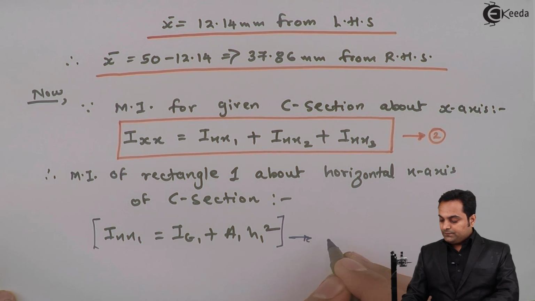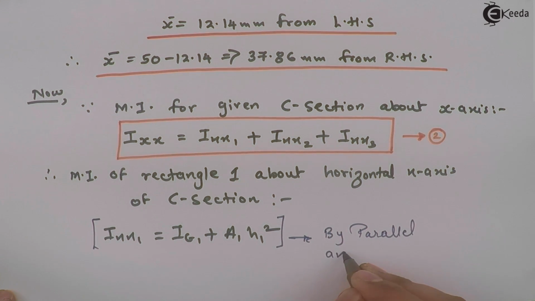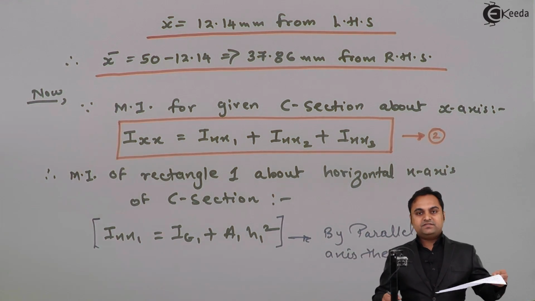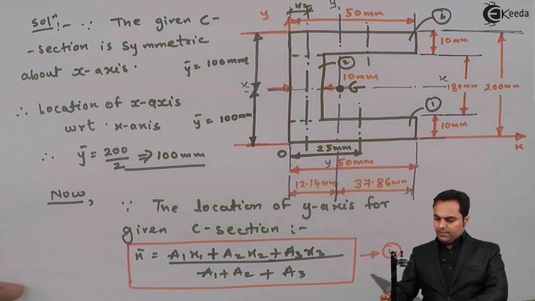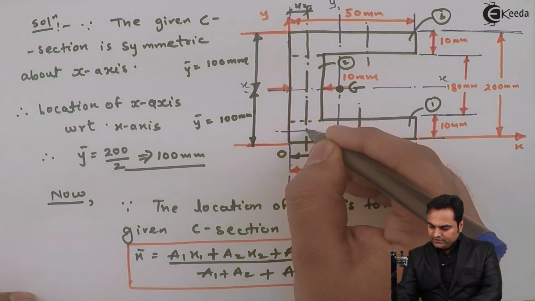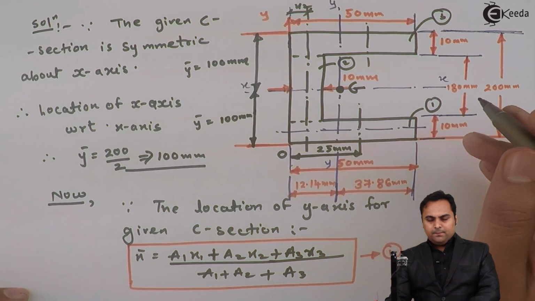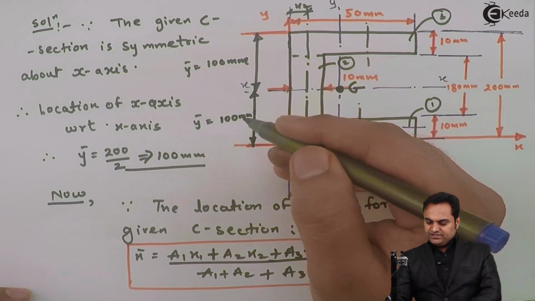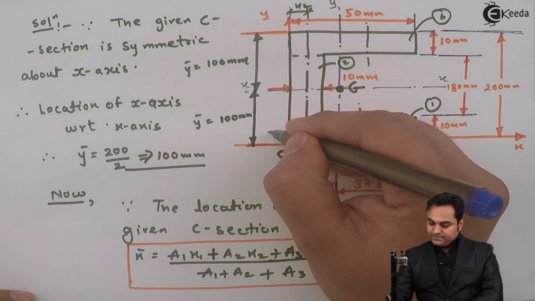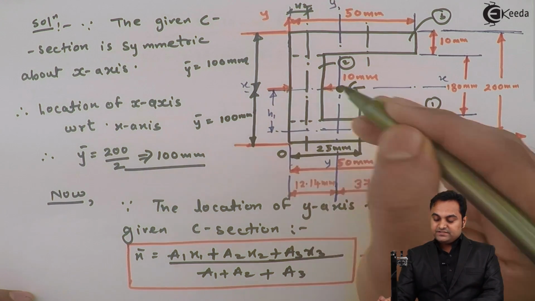This is by parallel axis theorem. And why we are using parallel axis theorem is that if we look into the diagram, the x-axis for rectangle number 1 is here, that is at half of 10, but the x-axis of the complete C section is at 100 mm. So there is a gap between these two axes, and this gap is known as h1, and that is why we are using parallel axis theorem.